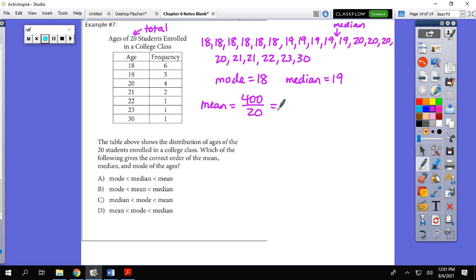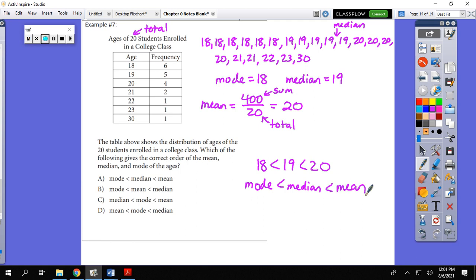To get the mean. Okay, so the mean is 20. Well, 18 is smaller than 19 is smaller than 20, which means our mode is the smallest, our median is in the middle, and our mean is the largest. This means that the correct answer is A.